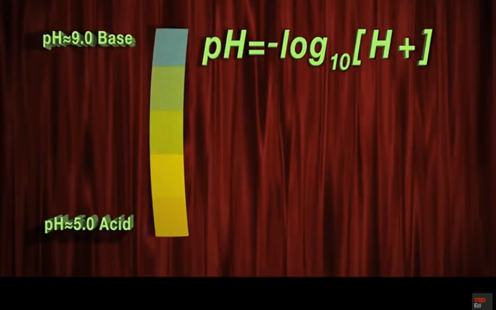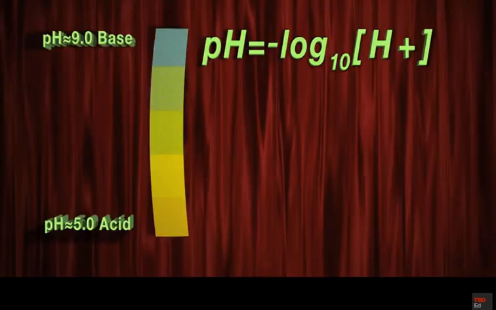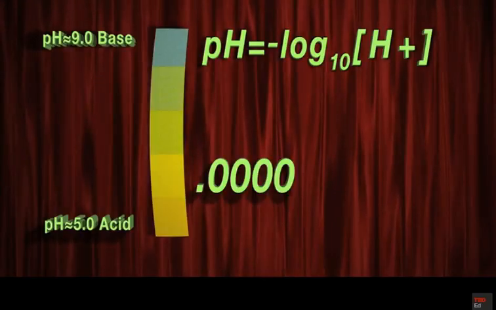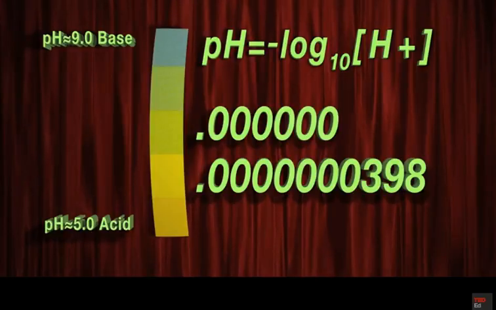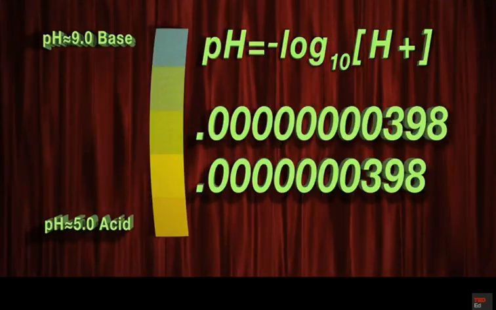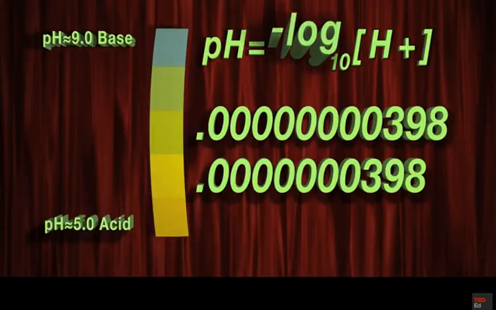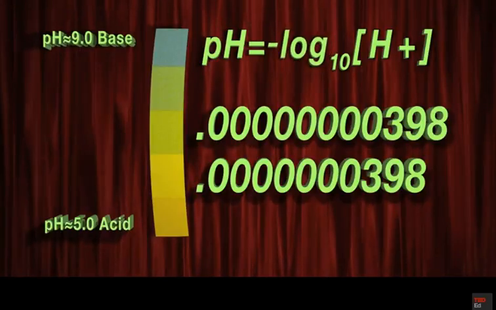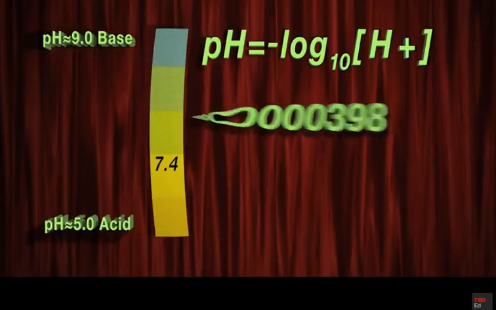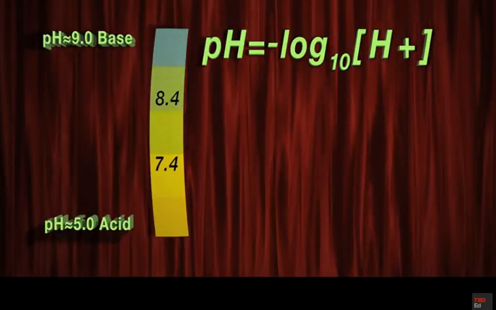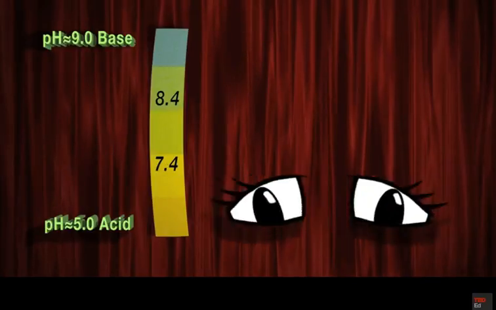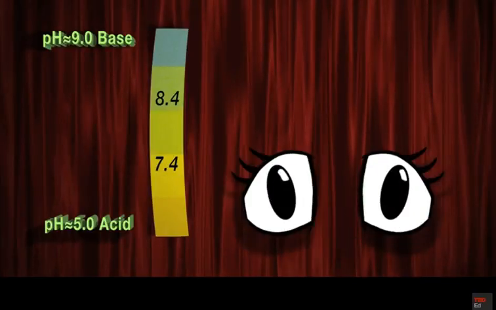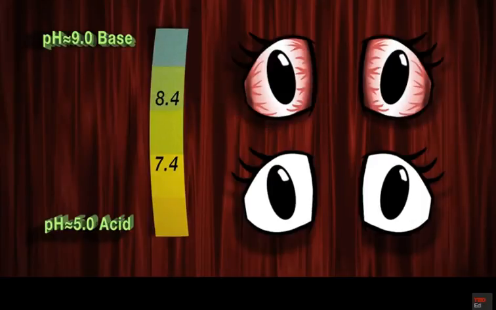We can find the pH of water samples with two different hydrogen ion concentrations quickly in a calculator. Punch negative log of each of those numbers. And you'll see the pHs are 7.4 and 8.4. Since the tears in our eyes have a pH of about 7.4, the first concentration will feel nice on your eyes, but the pH of 8.4 will make you feel itchy and red.